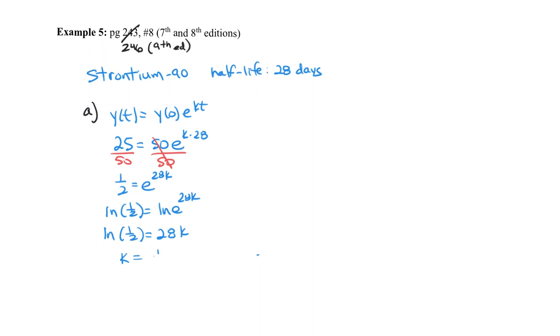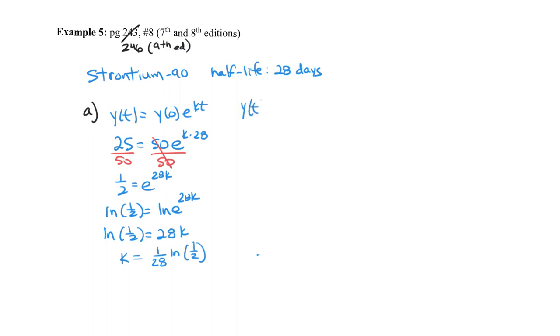So I'm going to say k is equal to 1 over 28 times the natural log of 1/2. Right, so I switch these around too, but basically I multiply this side by 1 over 28 to get k, multiply this side by 1 over 28 to get this. So once we have k, then we can go back and plug that into the original equation.